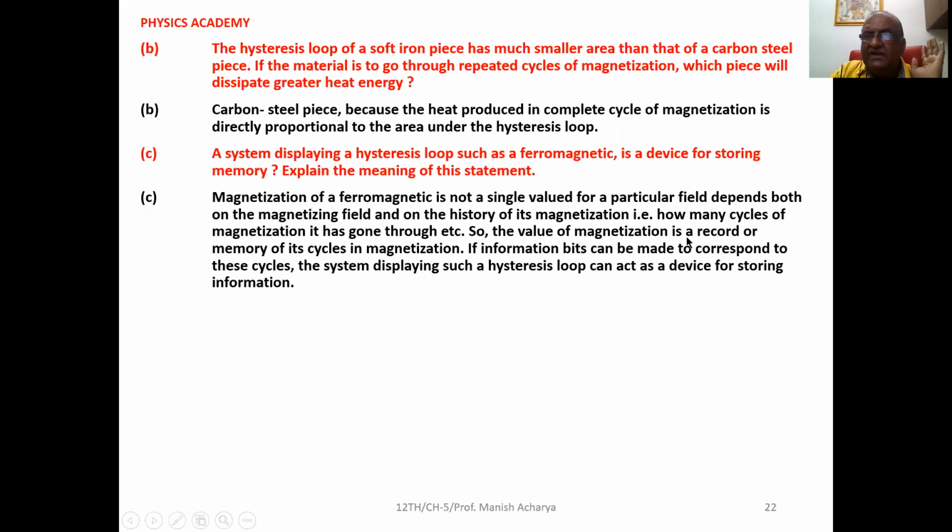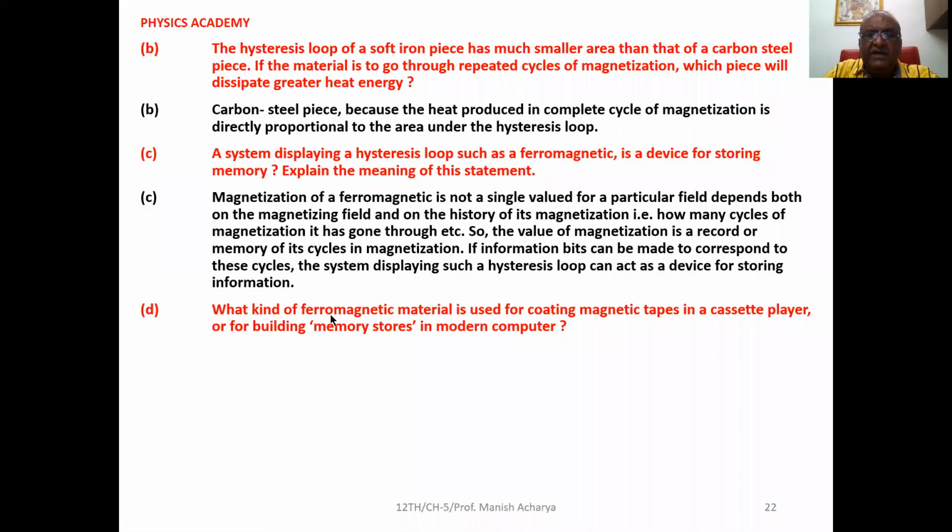So the value of magnetization is a record or memory of its cycles of magnetization. If information bits can be made to correspond to these cycles, the system displaying such a hysteresis loop can act as a device for storing information.